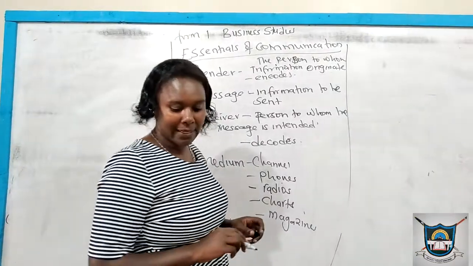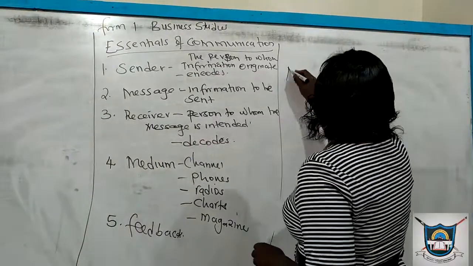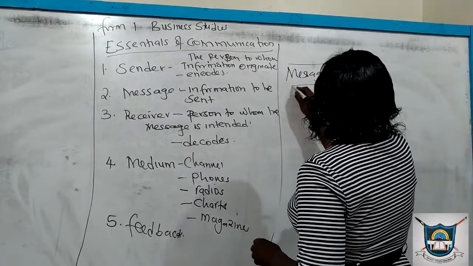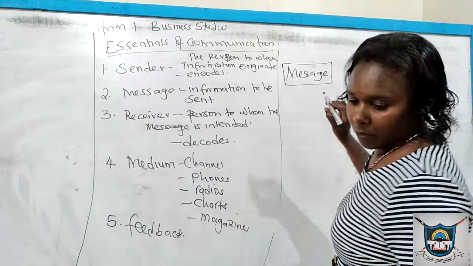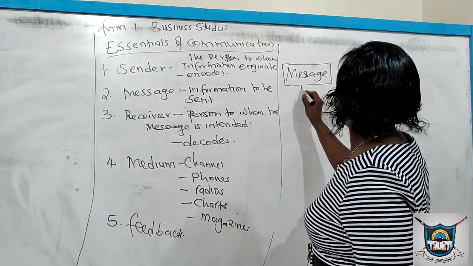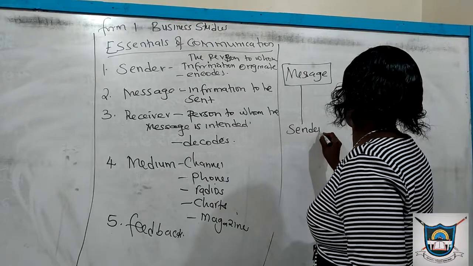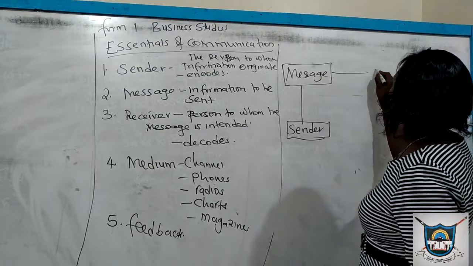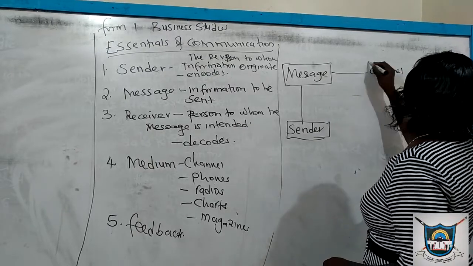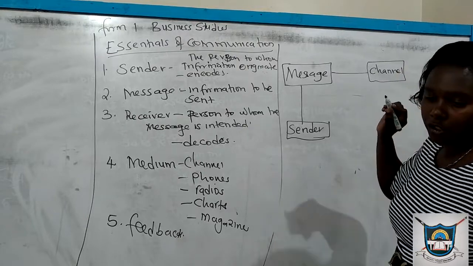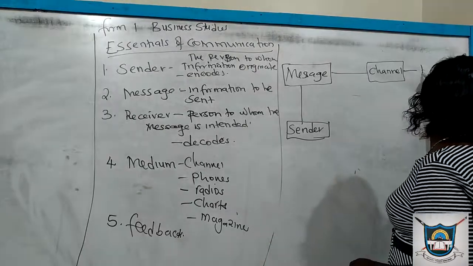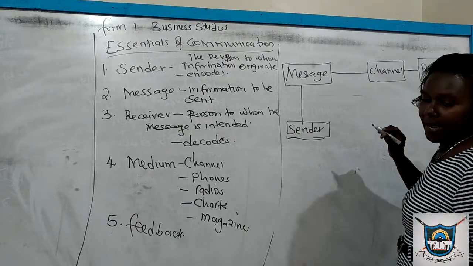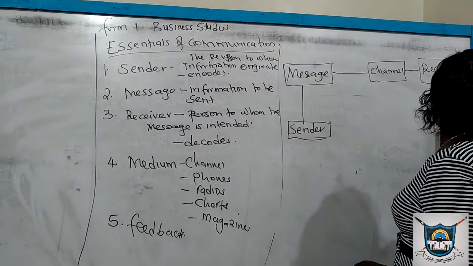In summary, we can summarize this, where we have the message, we have the sender, we have the channel or the medium, we also have the receiver, and lastly we have a feedback.